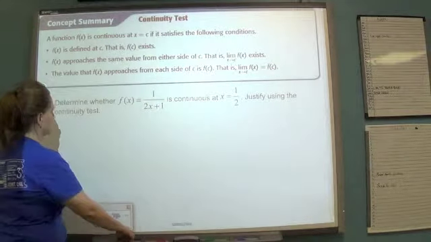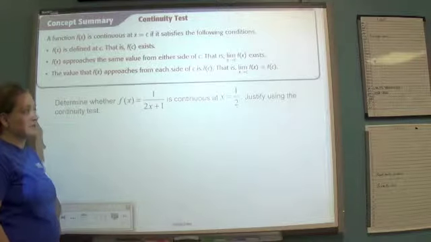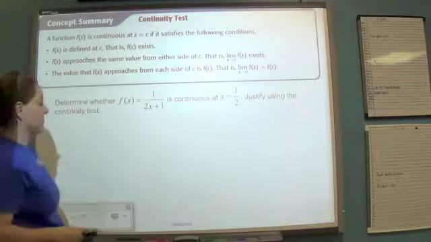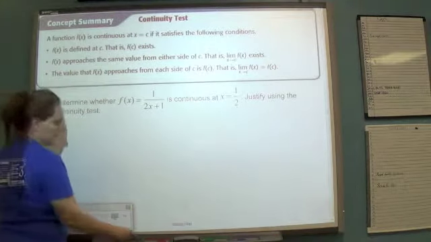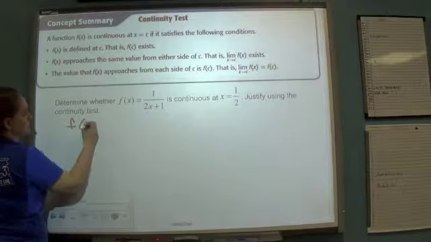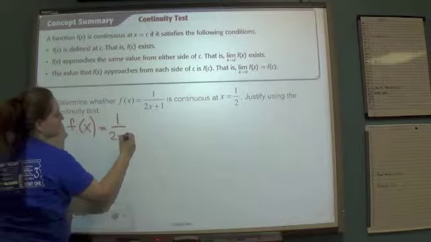So here we go. Determine whether f of x equals 1 over 2x plus 1 is continuous at x equals 1/2. Justify using the continuity test. So we're going to do the first thing very easily. F of x equals 1 over 2x plus 1.